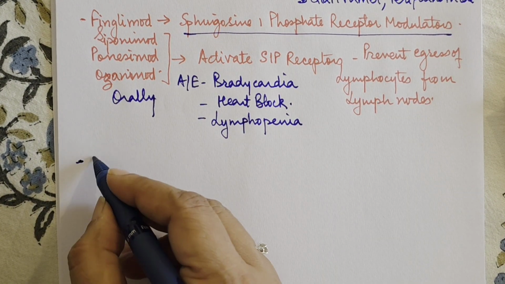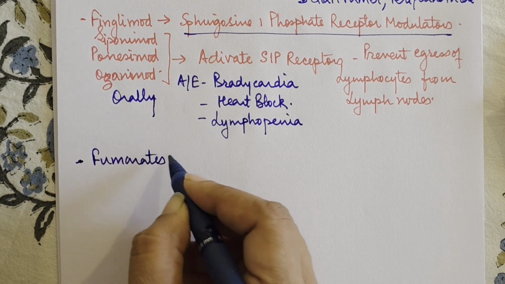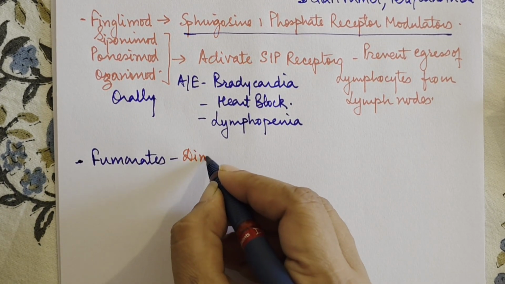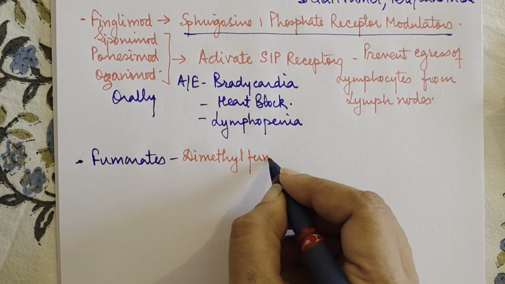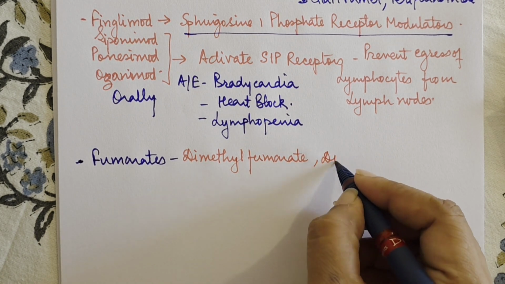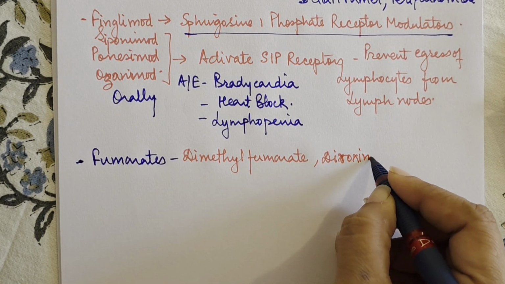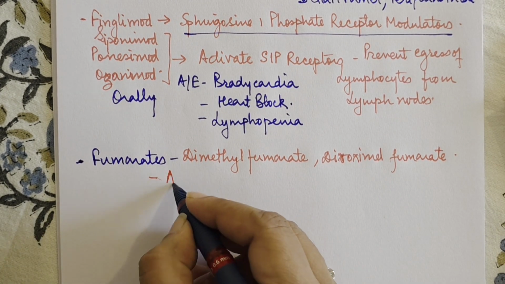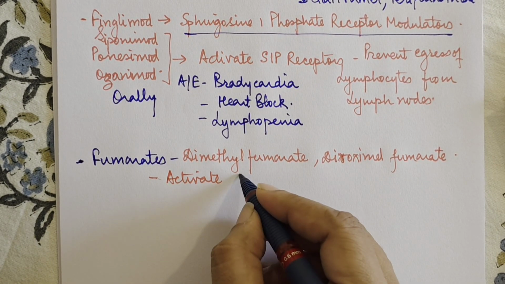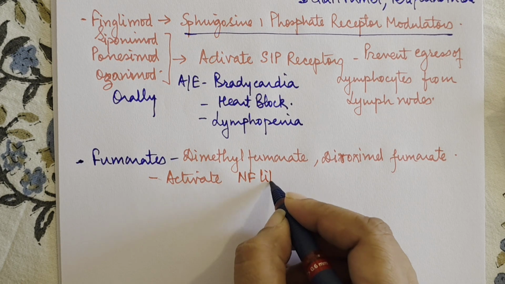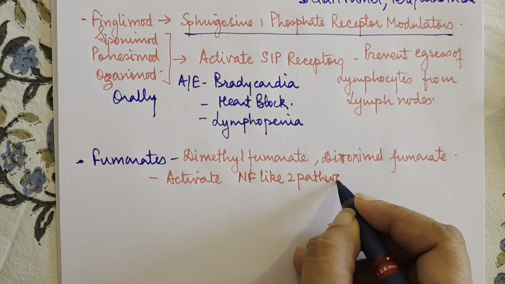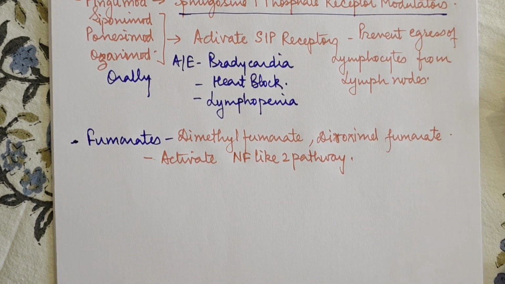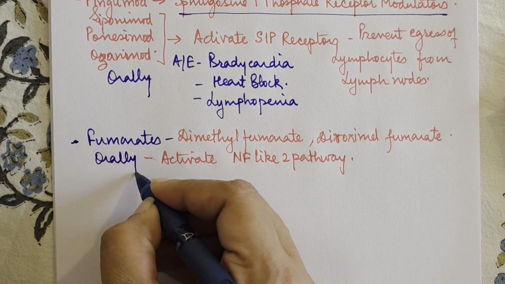Then the second category of drugs are fumarates. In this category, the drugs that we have are dimethyl fumarate and diroximel fumarate, right? Now इनकी action क्या है? They activate the nuclear factor like 2 pathway, and so they benefit in the autoimmune neuroprotective pathway. These drugs are also given orally.